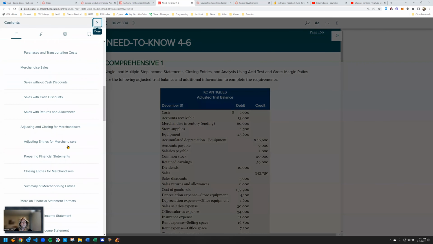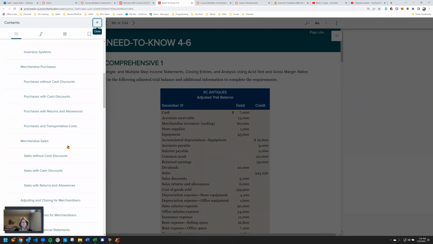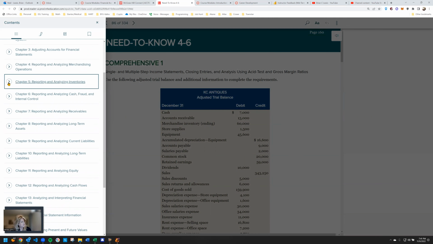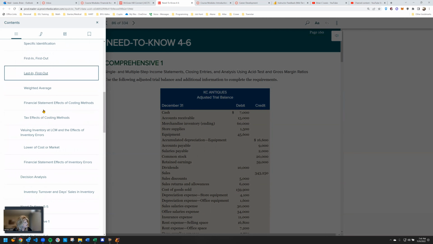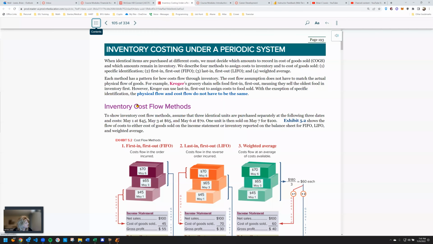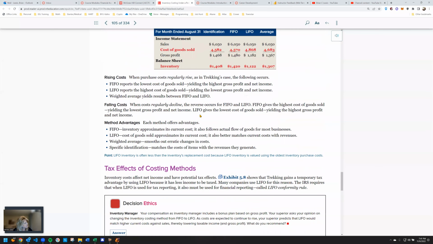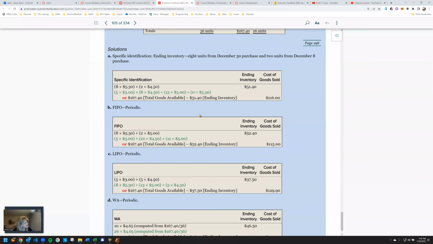Where is that? It was the second part in chapter five, part two, the periodic system. It's all about the effects of inventory. Well, that was inventory errors, I think, where all this was showing up, how it affects if you understate or overstate.